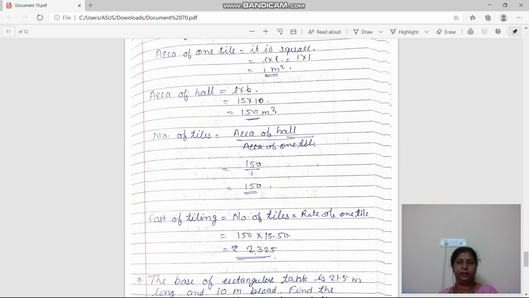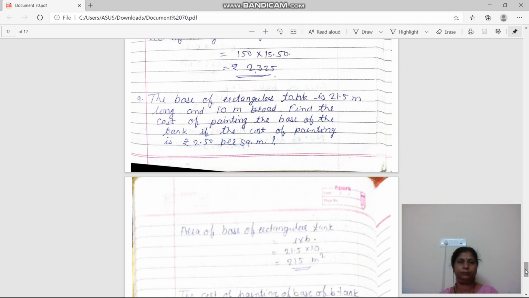Fine. We will see the ninth example. The base of a rectangular tank is 21.5 meter long and 10 meter broad. Find the cost of painting the base of the tank if the cost of painting is rupees 2.50 per meter square.